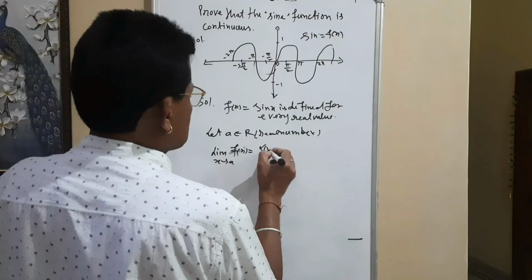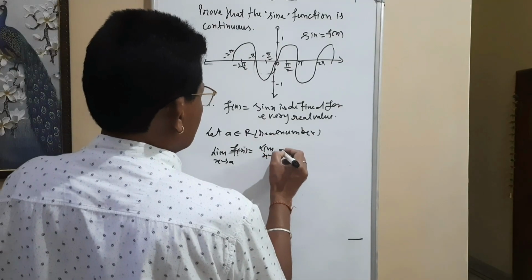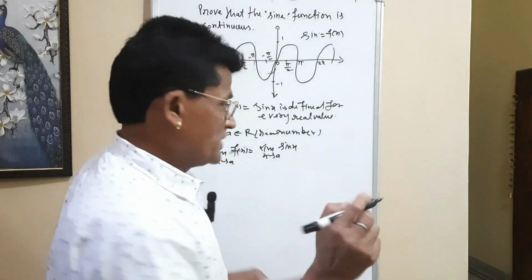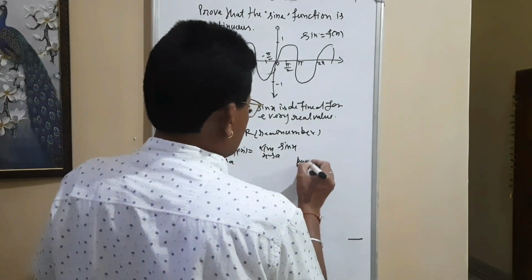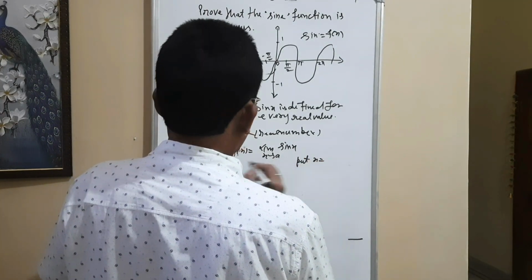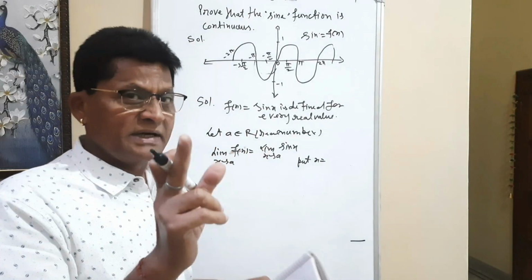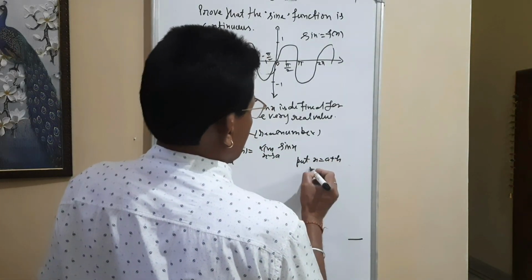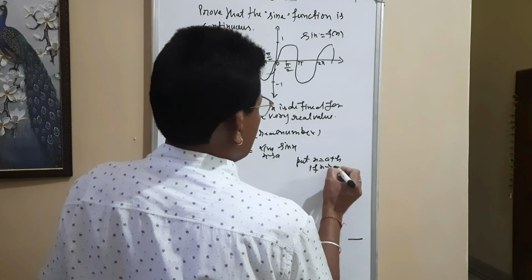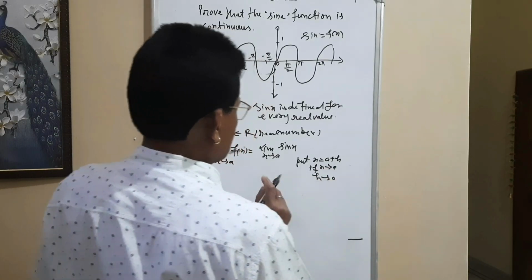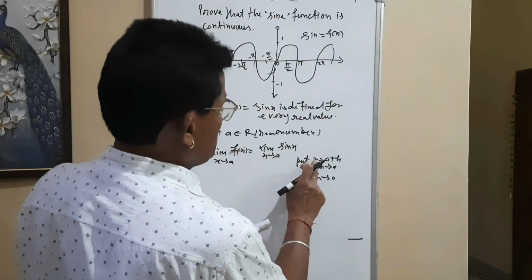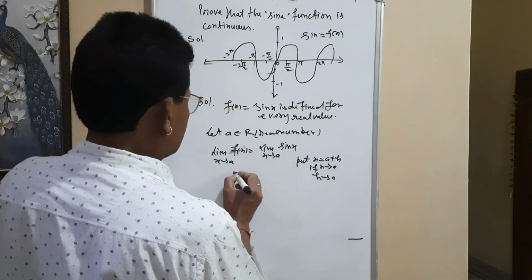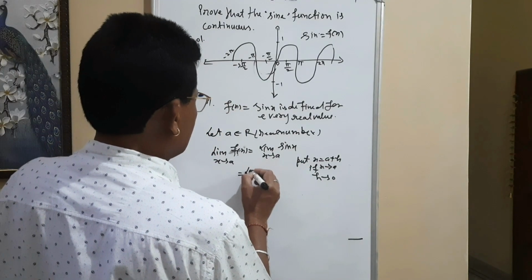Fx will be equal to, my dear student, limit x tends to a of sine x. My dear student, let me put the value, x will be equal to, x tends to a, it is not equal to a, but approximately equal to a plus h. H is very, very small. If x tends to a, h tends to 0. My dear student, see, in place of x you will put a plus h, x minus a will be equal to h, h tends to 0.